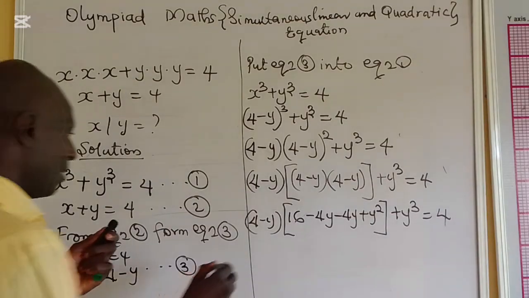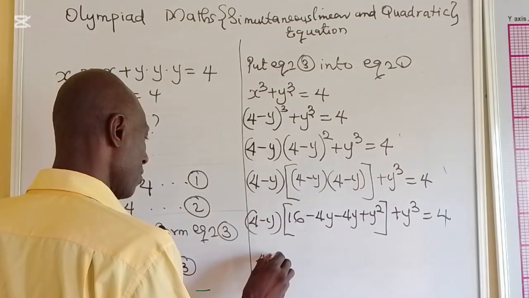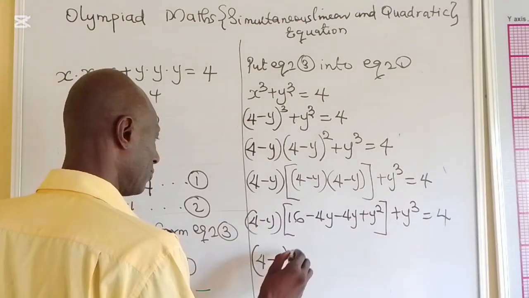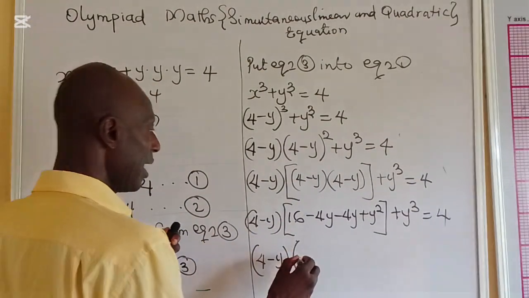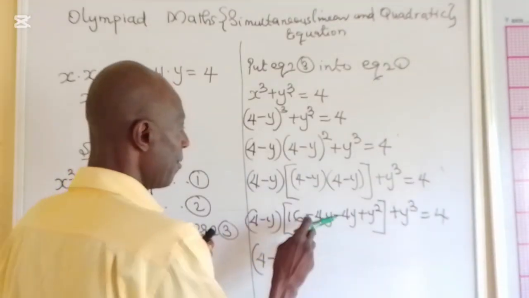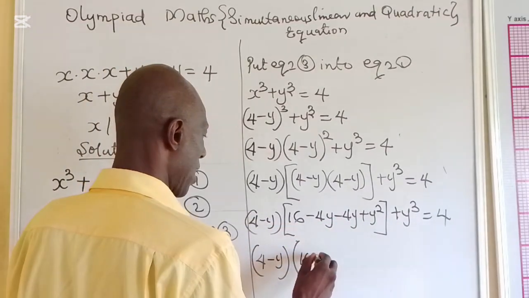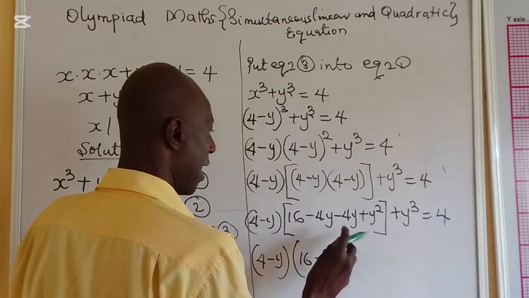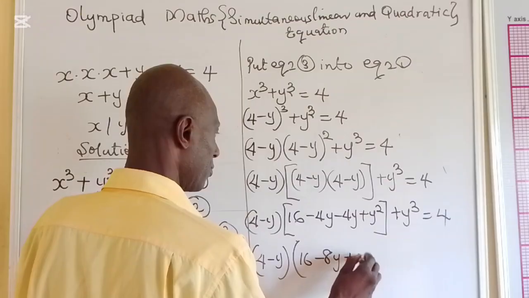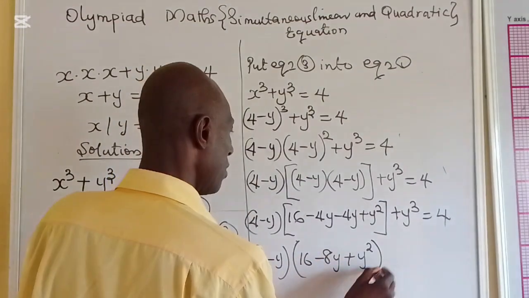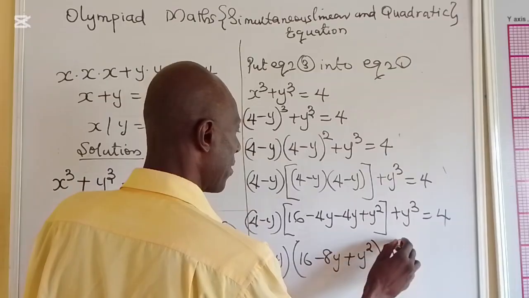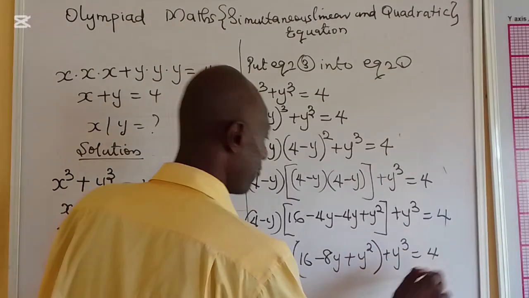Here is the same thing as (4 minus y). Let me do it like this again. Here is 16 minus 4y minus 4y, which is minus 8y, plus y squared, plus y raised to the power 3 is equal to 4.